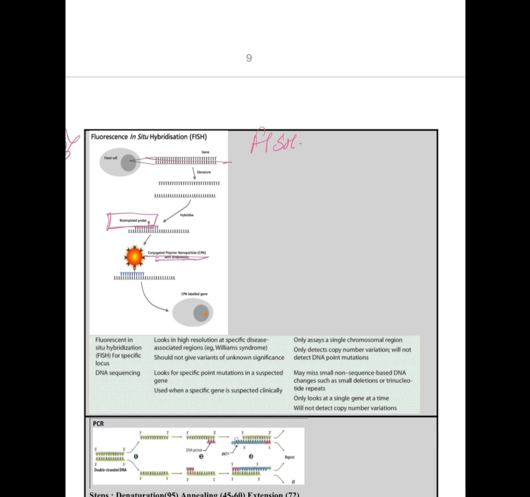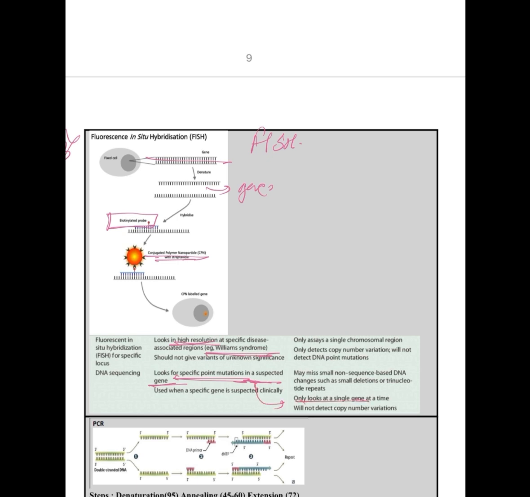So this is high resolution. Why is this high resolution? Because a particular DNA strand which is coding for a gene is being looked at here. So we can see Williams syndrome जैसे defects and everything. So it looks for specific point mutation in a suspected gene. Okay, that is an important thing. But what is it doing in that process?